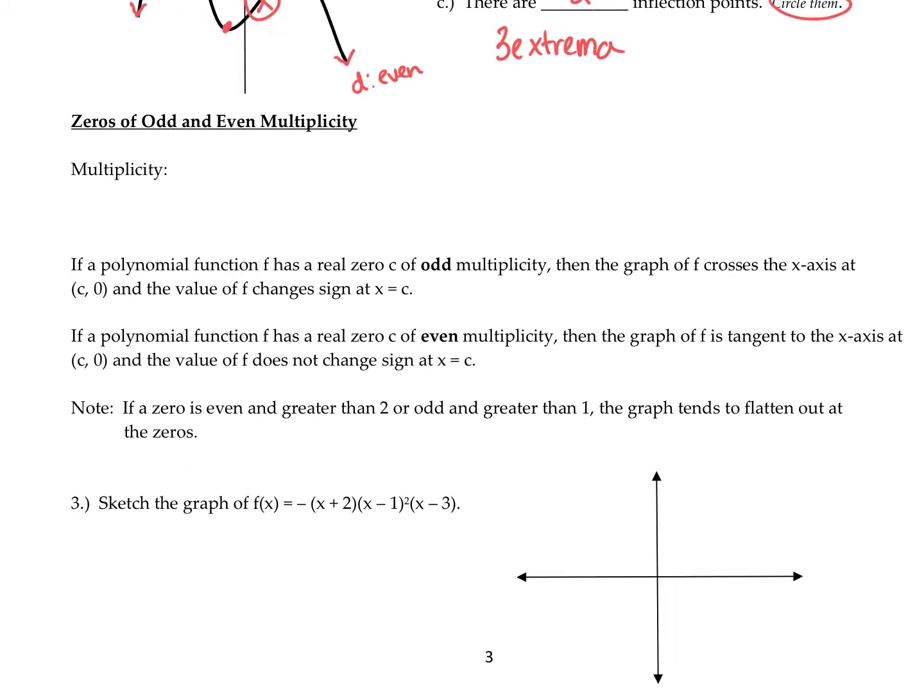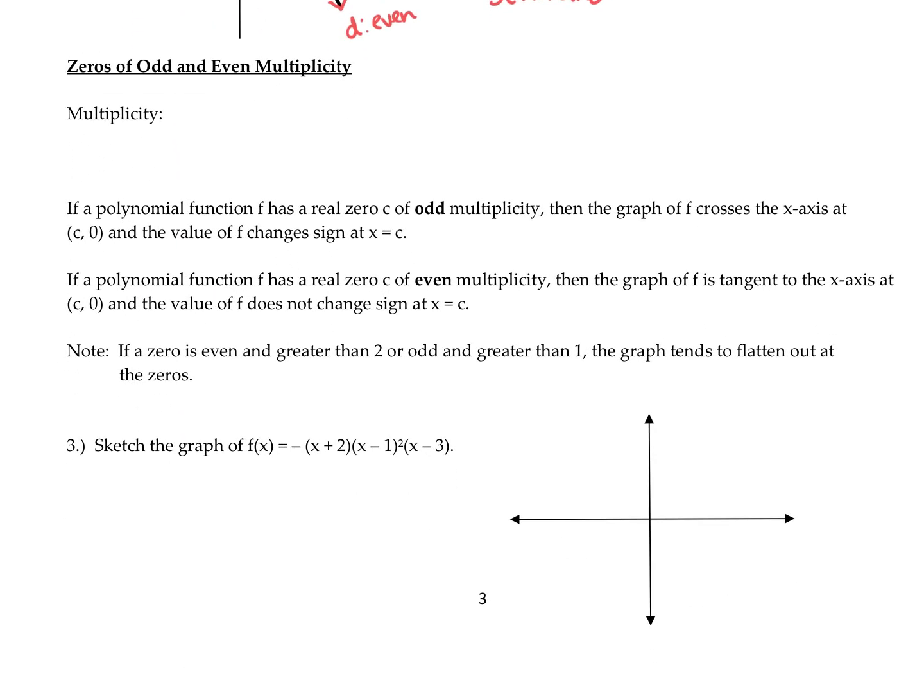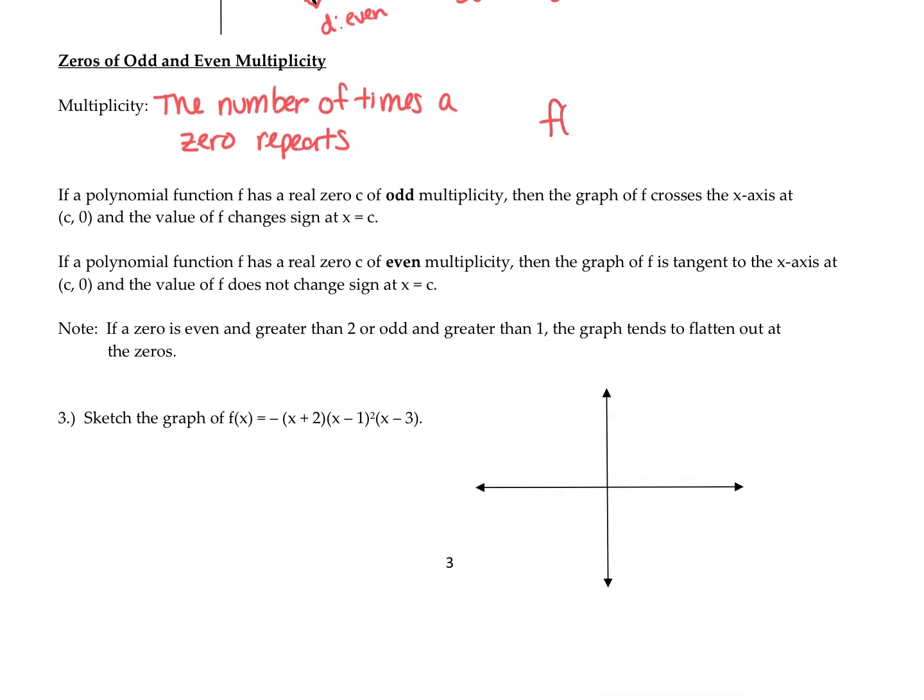All right, we're going to talk about multiplicity. So zeros of odd and even multiplicity. It's the number of times a 0 repeats. Let me give you an example. Let's say I have a function x, x minus 3 squared, and then x plus 2 to the 3rd.